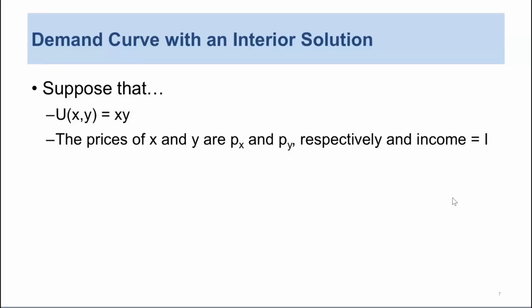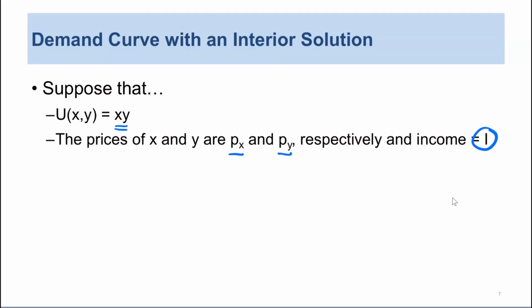Now let's use a numerical example to derive the demand curve. So here, as usual, we have two goods, X and Y, and the price of each good is denoted by PX and PY, and we have income denoted by I. Our utility function looks like this.